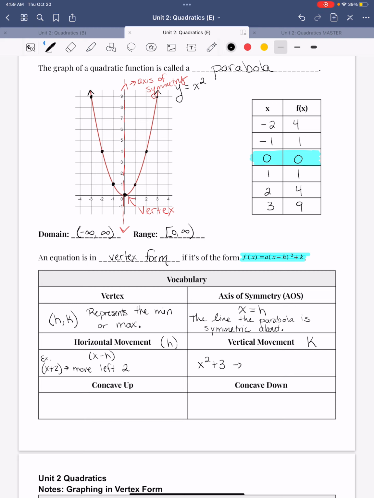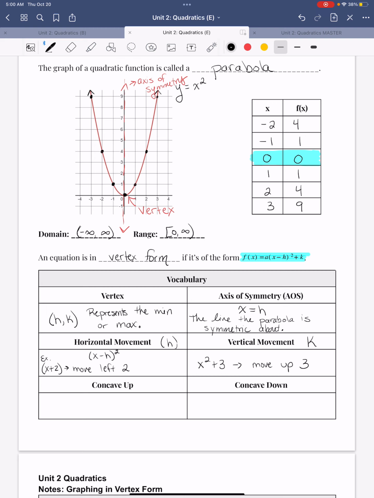That would mean that it's moving up 3. Notice that it's not inside this function, it's on the outside, whereas this x minus h is on the inside. That's being squared, that's part of my function. This is on the outside of the function.